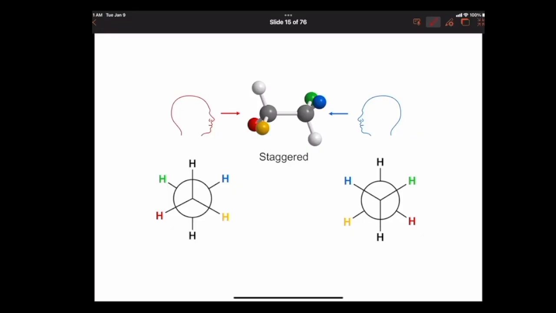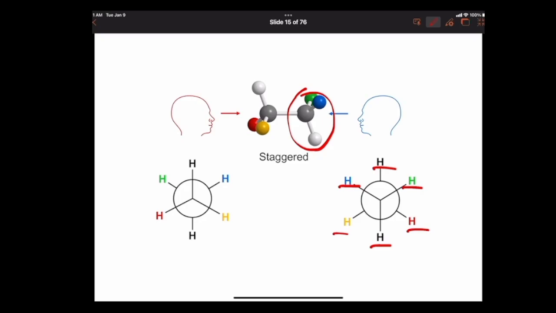If I look from the opposite direction, from right to left, the front carbon, the one closest to my eye, is blue, green, white. In behind now are my yellow, red, white. What's important here is yellow is not attached to the same carbon as blue.